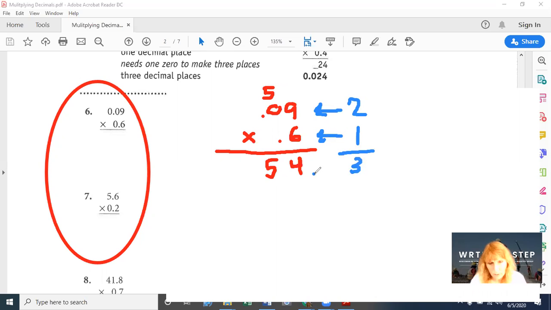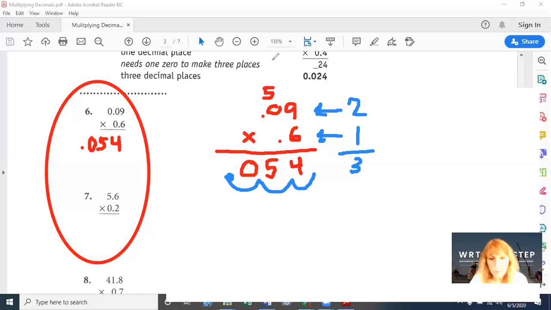So my decimal is going to start here in my answer, and I have to jump 3 spots. 1, 2, 3. And I'm going to put my decimal here, and I have to fill in my blank space with a 0. So my final answer then is 0.054, and a couple videos ago you would be able to read that number as 54 thousandths.